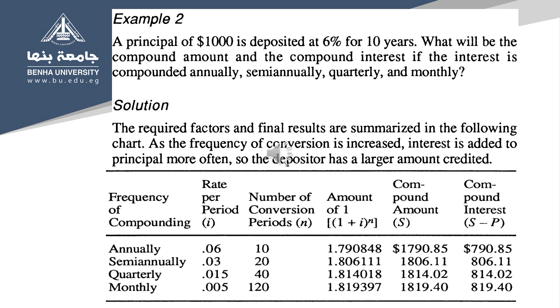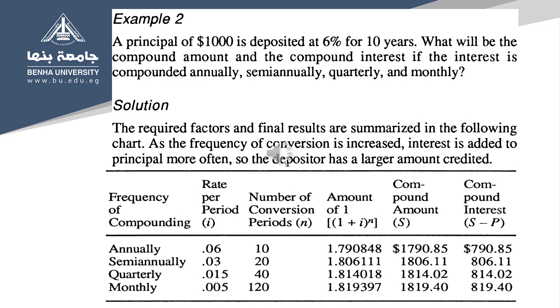So that you must understand this very closely. This is maybe an MCQ in your exam. If your percent is annually, 6 or any percent must be divided by 1, there is no problem. Semi-annually you must divide your rate per period by 2.